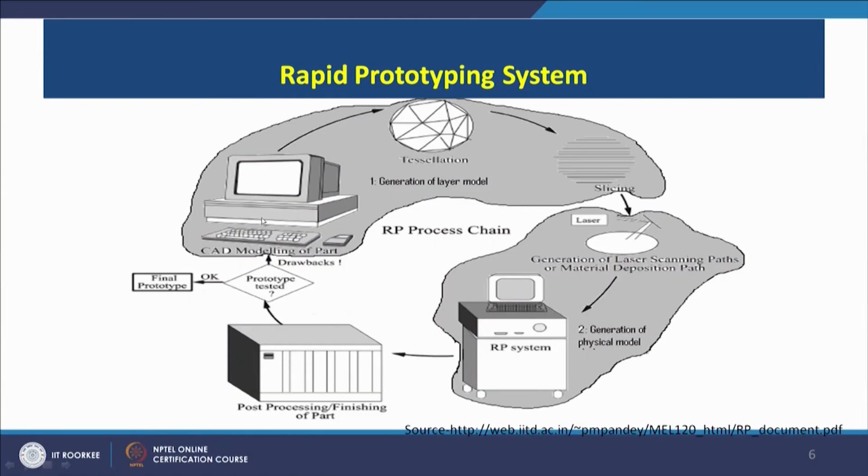We have to see, do we have a CAD model? Have we converted it into the STL format? Have we sliced the model properly and decided on the number of layers? Have we generated the path to be followed by the head? Once all this input is ready, we give it to the rapid prototyping machine, and then it will create a prototype, and finally we will do the post processing and finishing of the part.